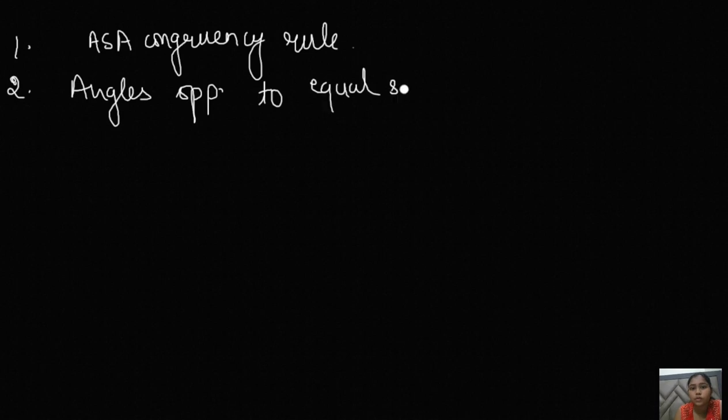Our first theorem for chapter number 7 was the ASA congruency rule. I'm just writing in short so that you can have a brief of the theorems, just like a short note, right? Then our second theorem is that angles opposite to equal sides are equal.